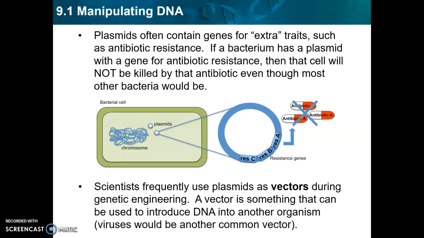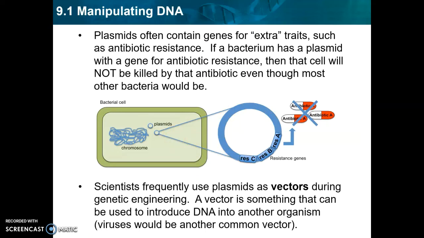So let's take a look at what that would actually look like. We have the plasmid here, the blue circle, and you can see it says RES. That stands for resistance. So these are resistance genes. It's resistant to antibiotic A, antibiotic B, and antibiotic C. These resistance genes allow the bacteria cell, if the bacteria contains this plasmid, to not die if exposed to those antibiotics.